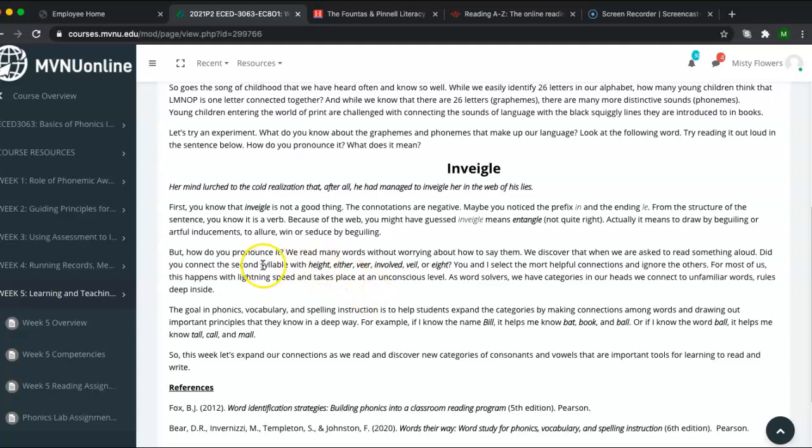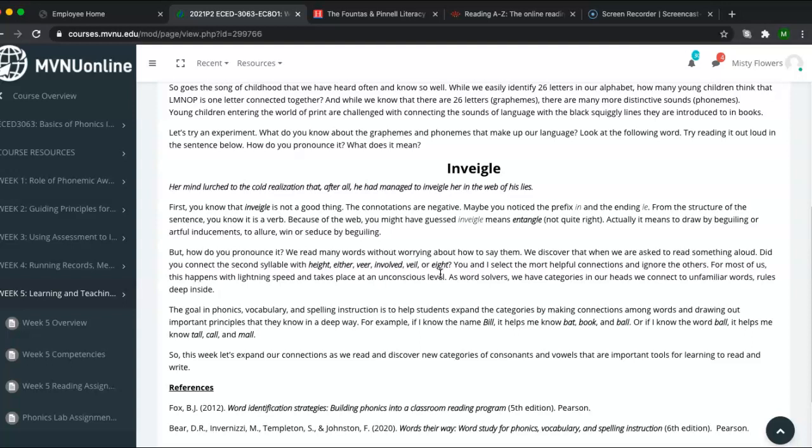Did you connect the second syllable with the word height, either, veer, involved, veil, or eight? We select helpful connections between words and we ignore others. For most of us, this happens on the run. We don't even think about it. It's automatic.